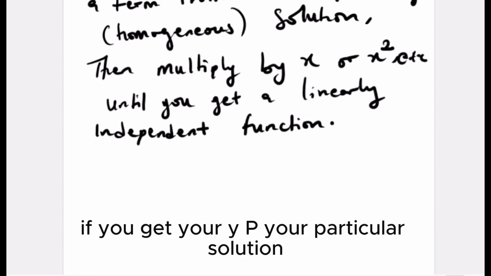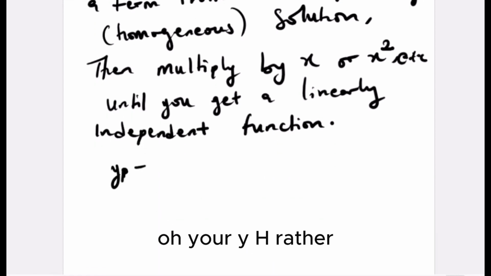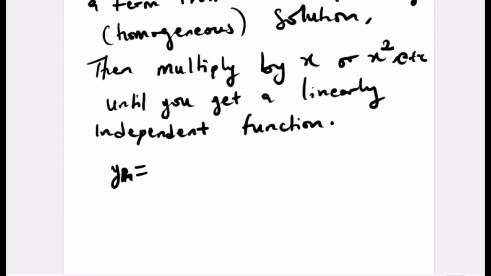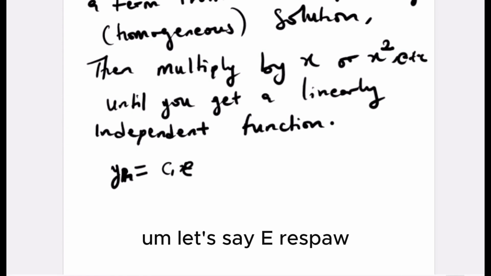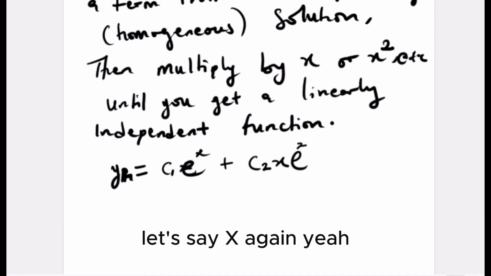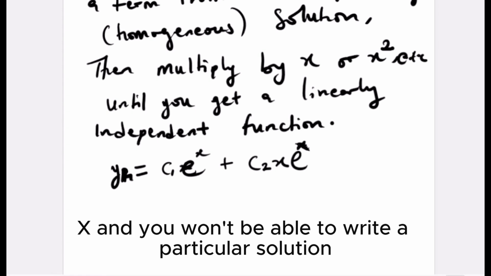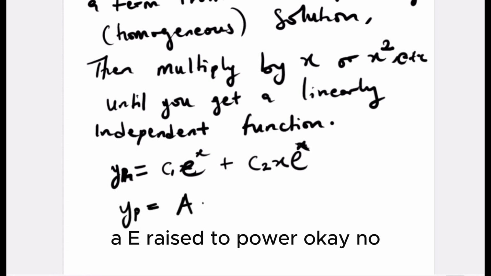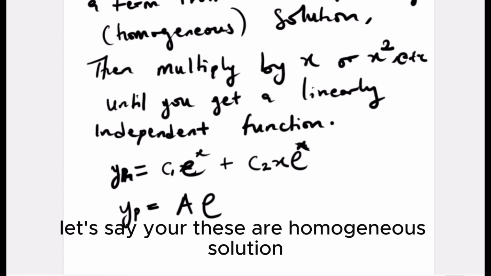So what do we mean by that? If you get your yh, that's your homogeneous solution, and let's say you get c1 e raised to power x plus c2 x e raised to power x.